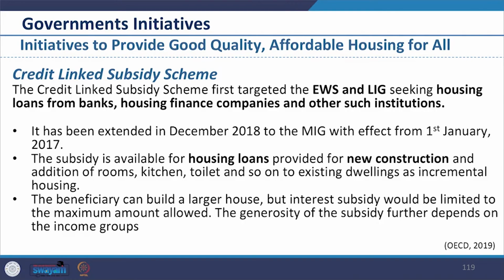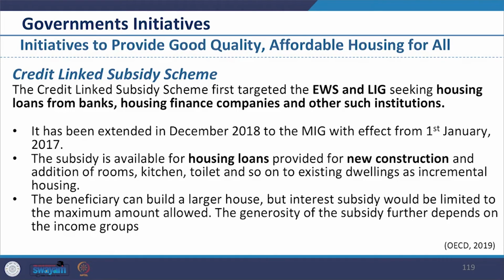Now we look at the other component of this program, the credit-linked subsidy scheme. The credit-linked subsidy scheme first targeted the EWS and LIG seeking housing loans from banks, housing finance companies and other such institutions. It was extended in December 2018 to MIG with effect from 1st January 2017.